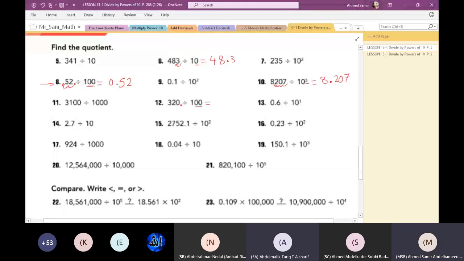Okay. But then because we still have another 0, we'll move it. It will be after 2 but before 3. So it will be 3.20. Excellent job. Well done, Abdul Malik. Mister, do I mute now? Yes, thank you very much.